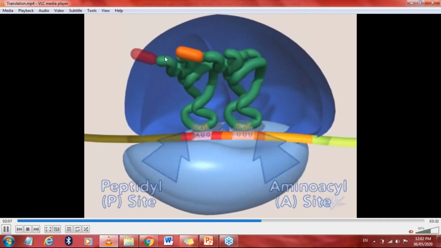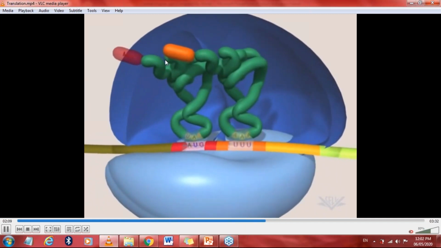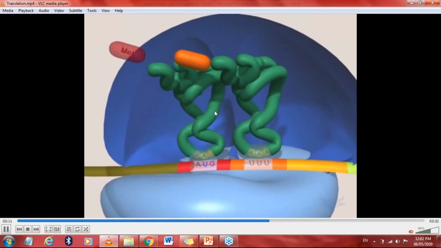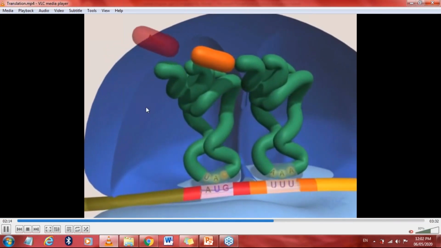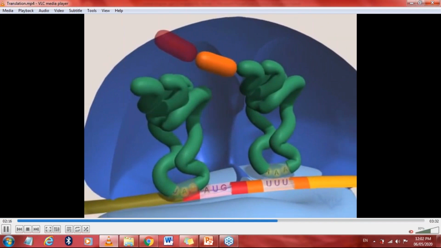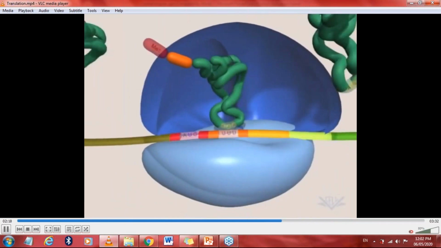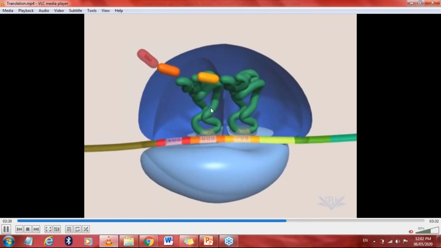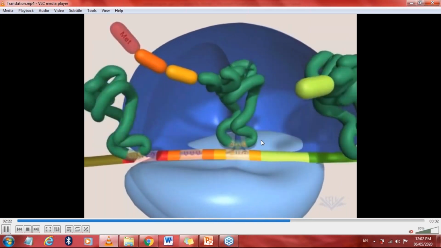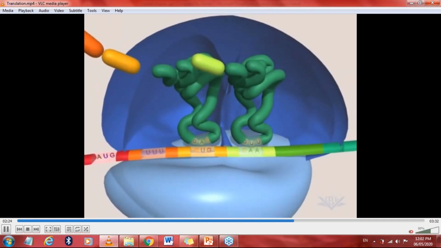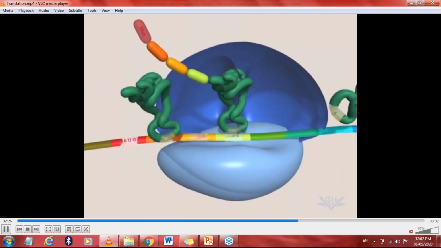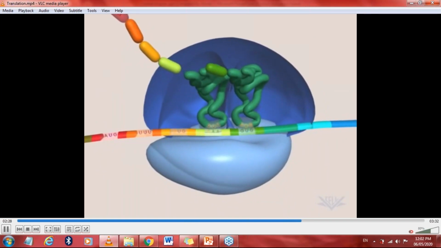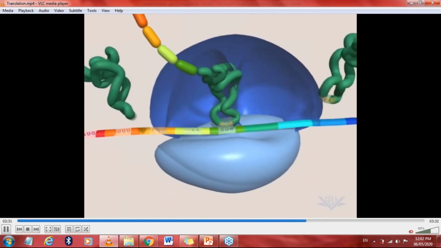Both amino acids will make a bond with each other through the peptide bond, and this tRNA will exit. You see, this tRNA exits. And now again, this one is the acceptor region, peptide region, and exit site. Now you can see all these amino acids making peptide bonds, and the tRNA exits to the E site.